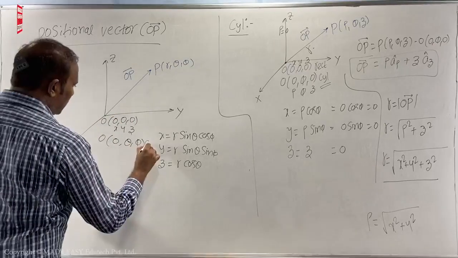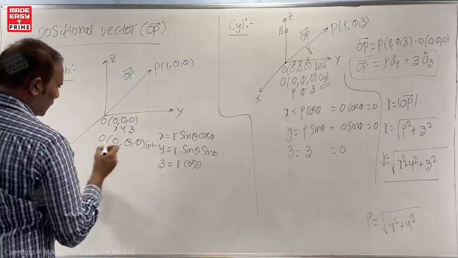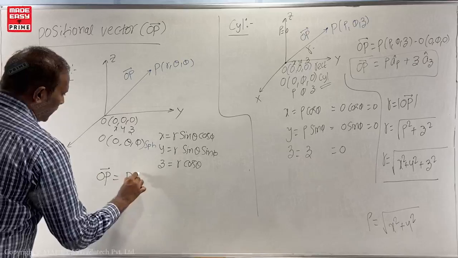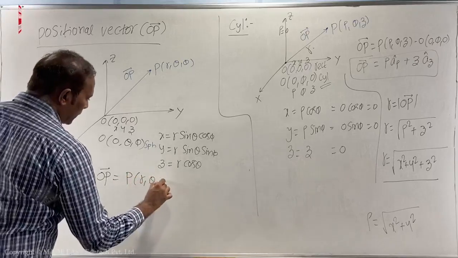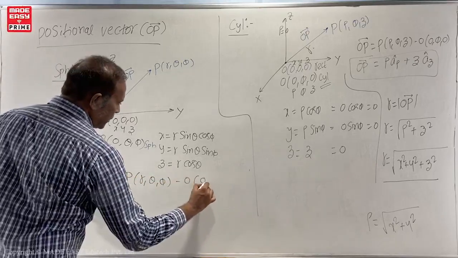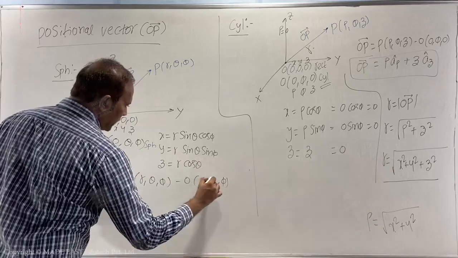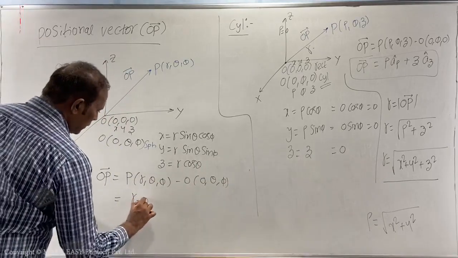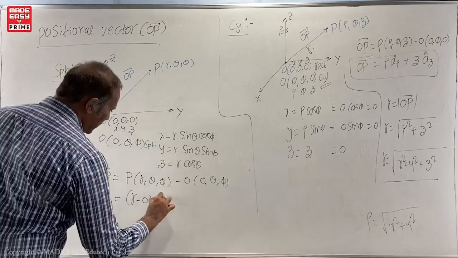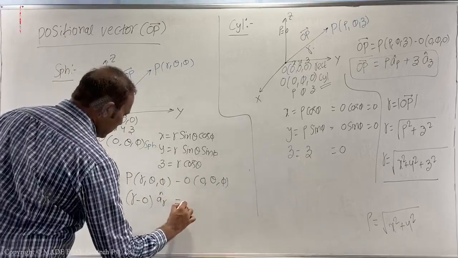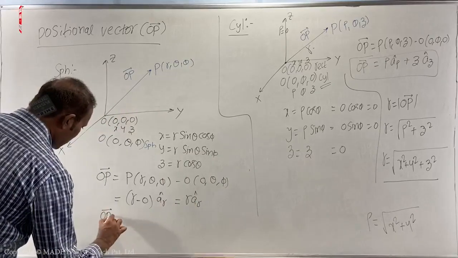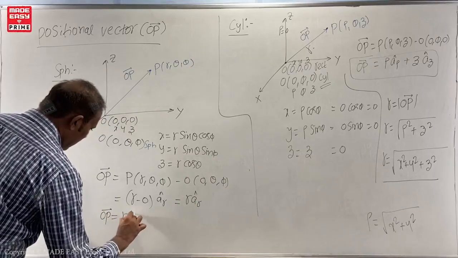So here this point is also in spherical, this is also in spherical. Now OP bar is equal to point P r comma theta comma phi minus origin 0 comma theta comma phi. Now r minus 0 into a r, theta minus theta, phi minus phi. So you get r here. So in this way, OP bar is equal to r you get.